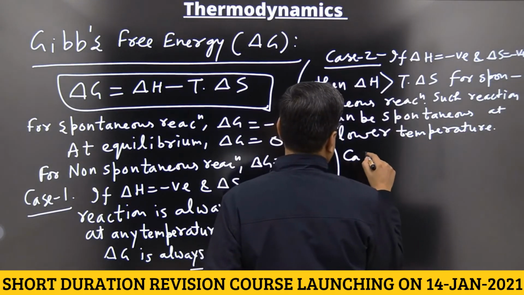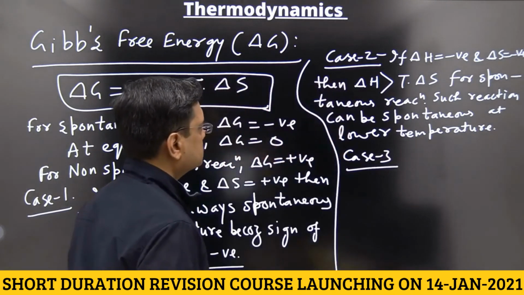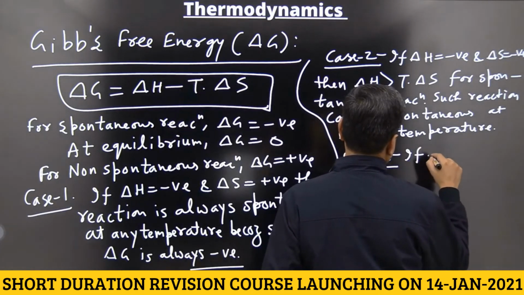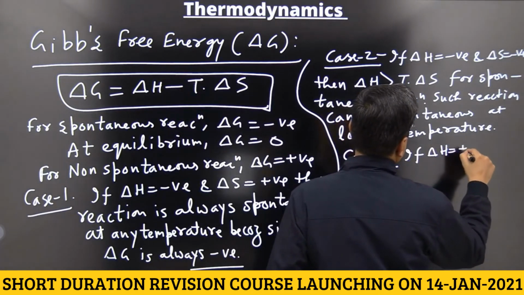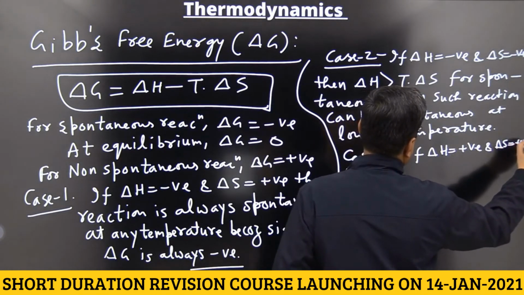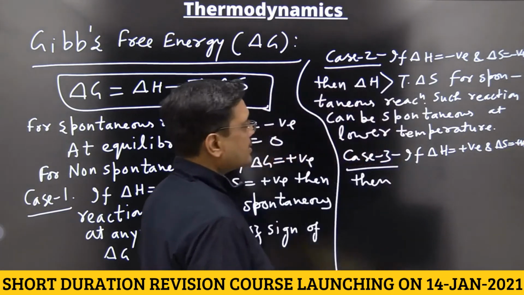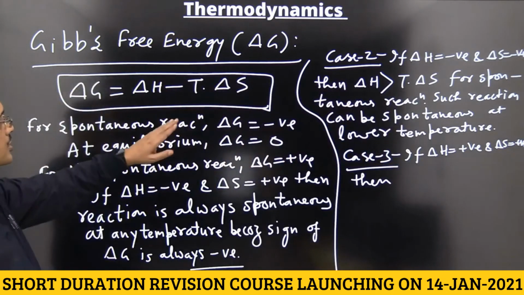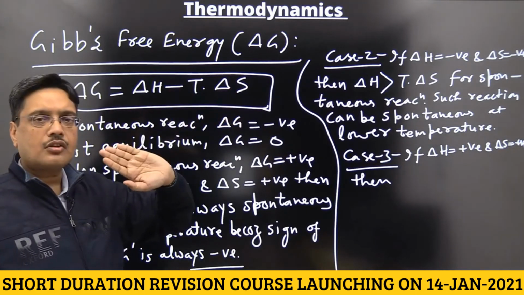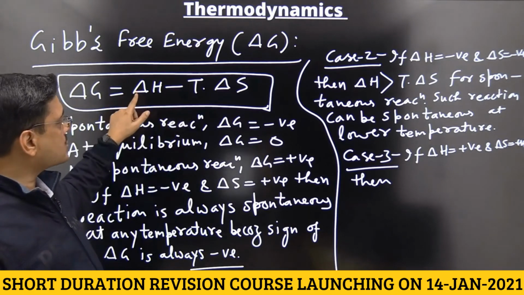Now case 3: if delta H is positive and delta S is also positive, then at what condition does the reaction become spontaneous? If delta S is positive, then the sign of minus T delta S is negative and delta H is positive.